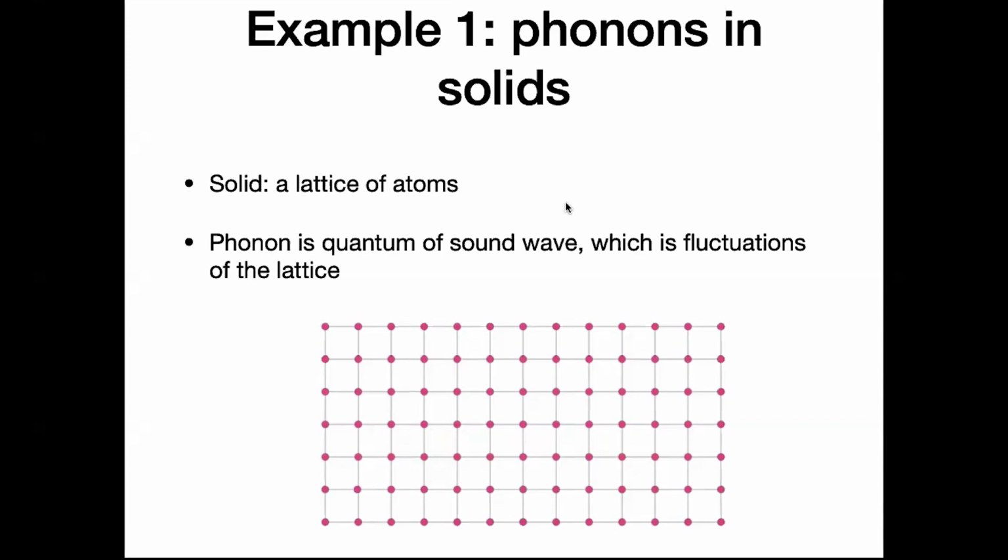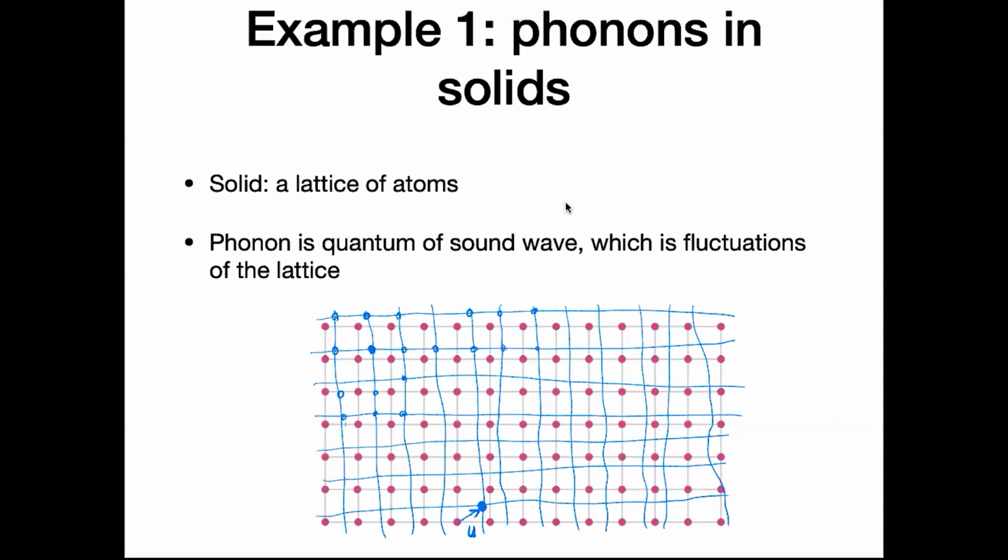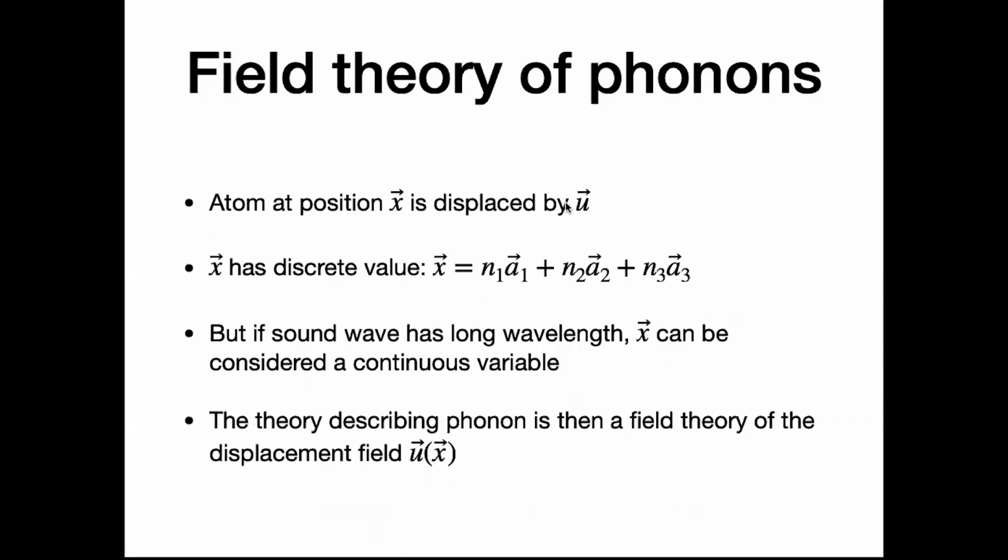If we shake this lattice, the new positions of the atoms will be shifted from the old positions. An atom located at some point x is going to have its position change to x plus u. So an atom at position x is displaced by an amount equal to u.